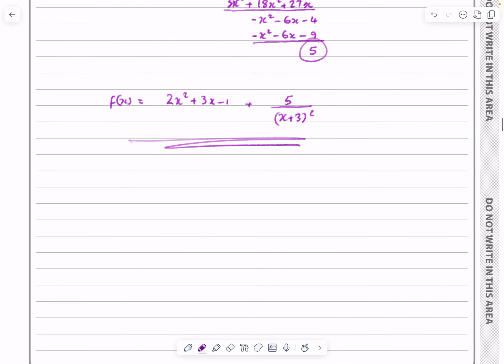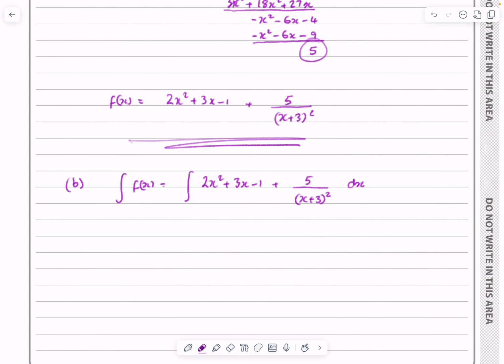Part B then says, can we integrate f(x), which means, can we integrate this function? The 2x squared plus 3x minus 1, they're no problem, but it's just looking at this one here, 5 over (x plus 3) squared.